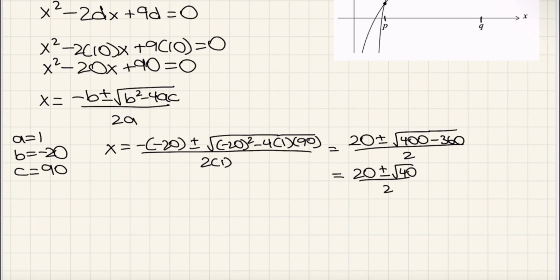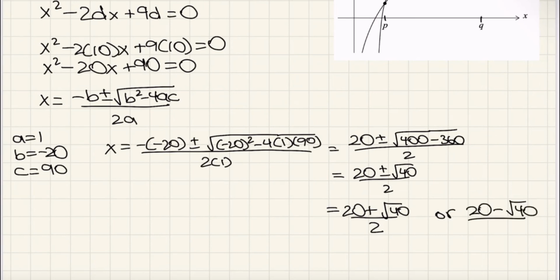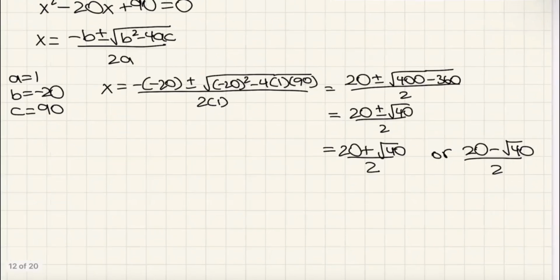The first group being 20 plus root 40 over 2, and the second group being 20 minus root 40 over 2.